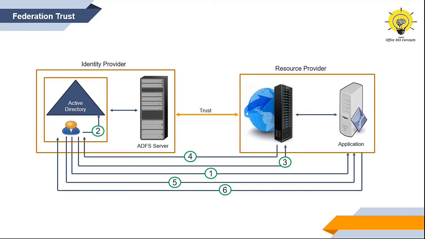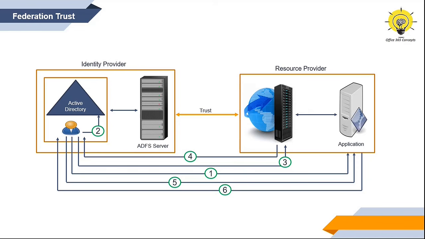The client machine will contact the identity provider for authentication. The client machine will forward the token to the resource provider. Then the client machine will receive a token from the resource provider and forward that token to the application. So we are reducing the load on the server. The entire load is taken by the client machine.